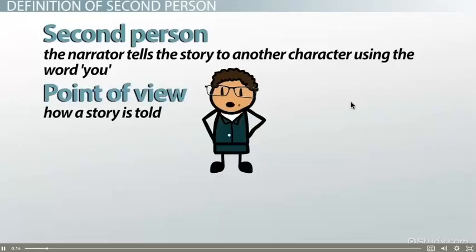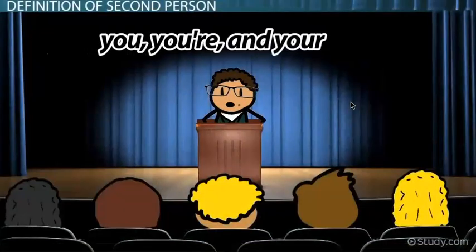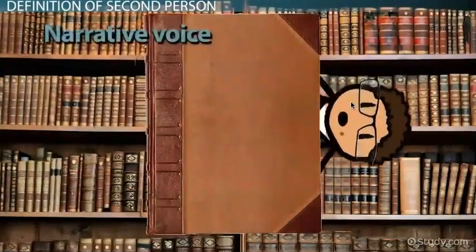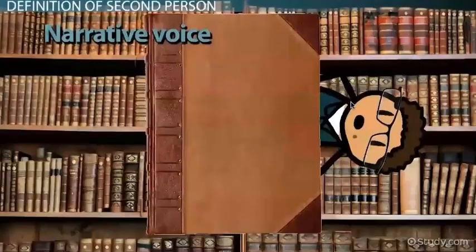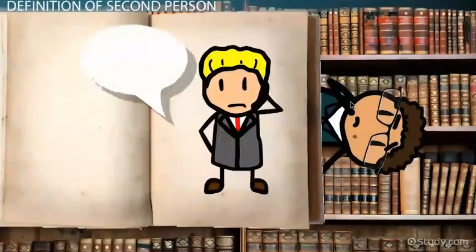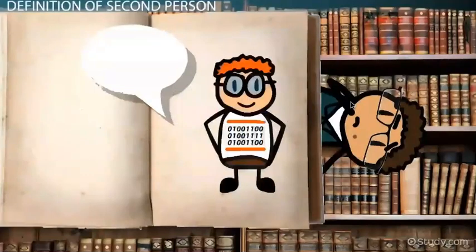The author could be talking to the audience, which we could tell by the use of you, your, and your. In fiction, second person is used as a narrative voice, a term used for the method in which a narrator describes the story. In nonfiction, we see second person in business and technical writing, process writing, self-help books, and even more interactive, game-playing writing.